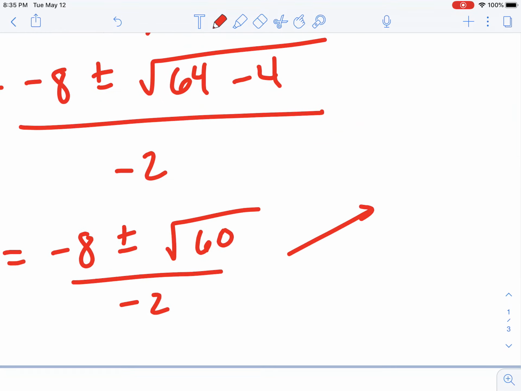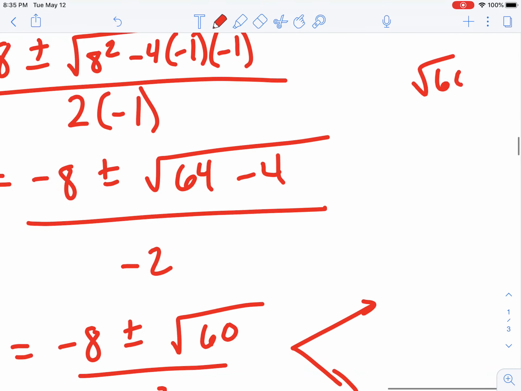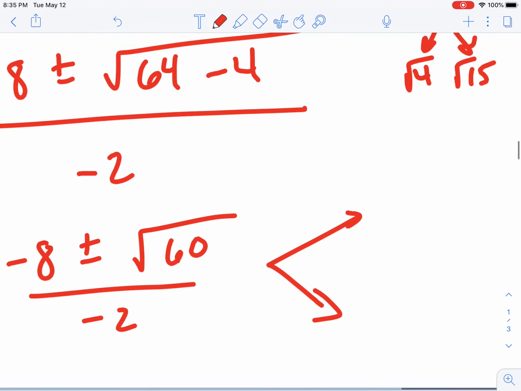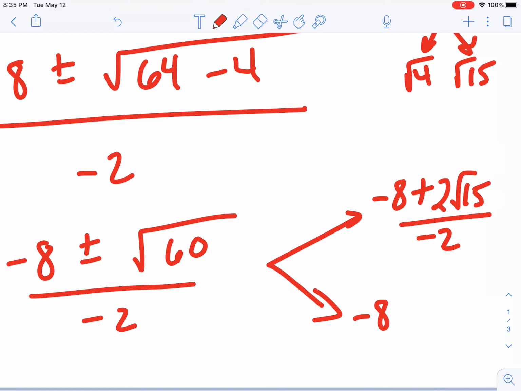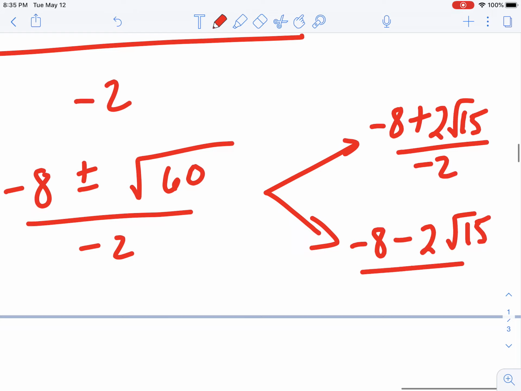Okay, so this is going to split up here, and we have to break down radical 60. So radical 60 has 15 and 4, right? 30 and 2, and that would be it. 15 and 4. This breaks up into radical 4, radical 15. So it would be 2 radical 15. So this would be negative 8 plus 2 radical 15 over negative 2, and negative 8 minus 2 radical 15 over negative 2.